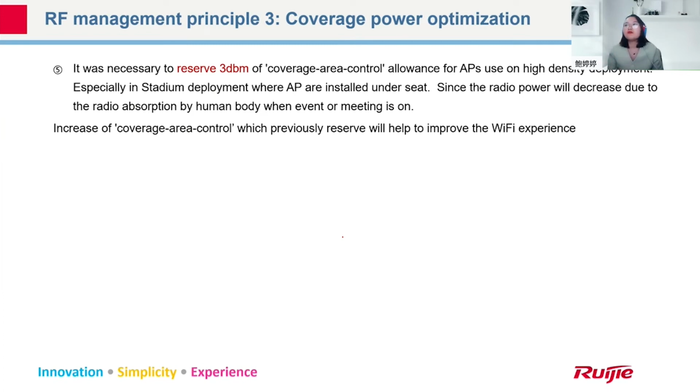So this one is very important. By default, we have to reserve 3 dBm for the special scenario of the stadium, because we will have lots of people in seats, which also influences the signal area.